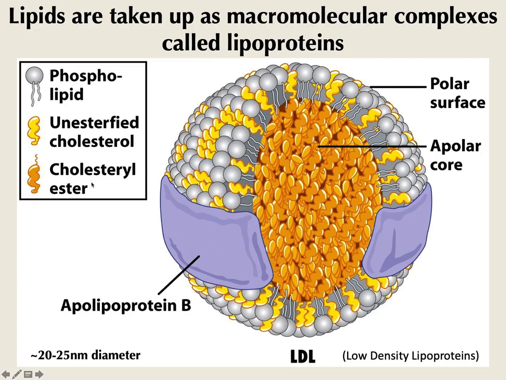That's why in this particle, the inside is filled with esterified cholesterol. The outside, because it's facing an aqueous compartment, has to be amphipathic. Lecture 1, I guess. So there you have something like a normal hemimembrane with phospholipids, as well as a whole bunch of cholesterol, but now unesterified, such that it has this hydrophilic hydroxyl group, OH, just one.